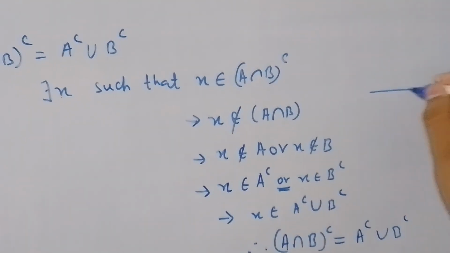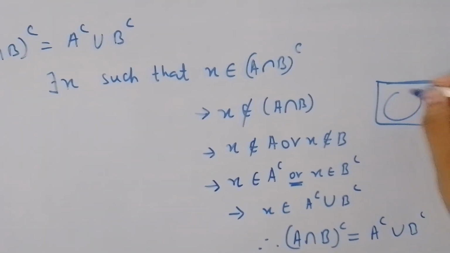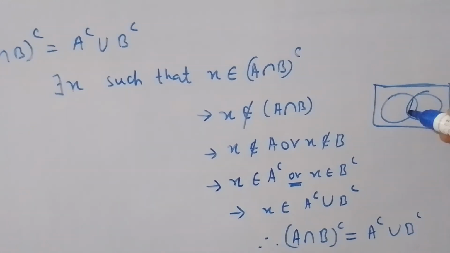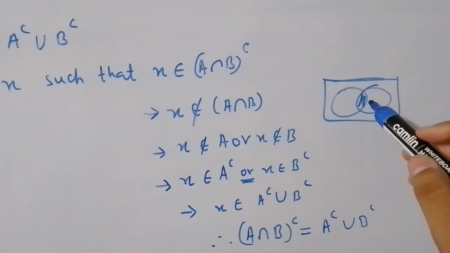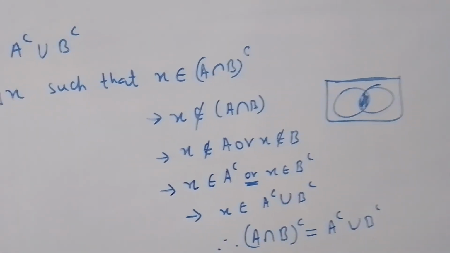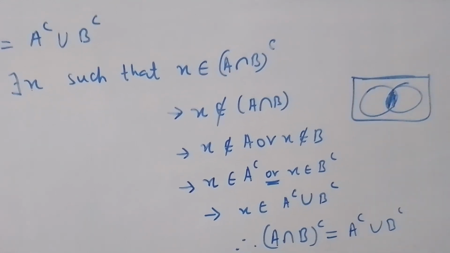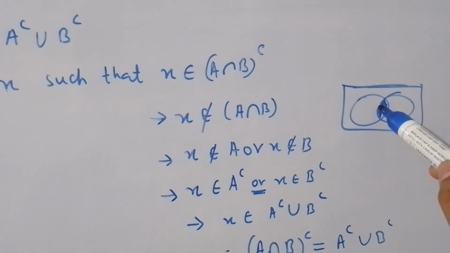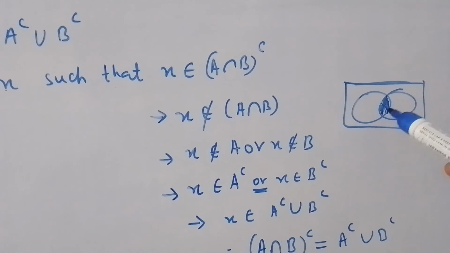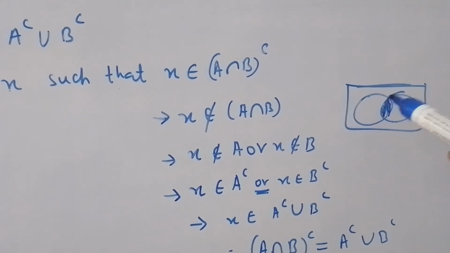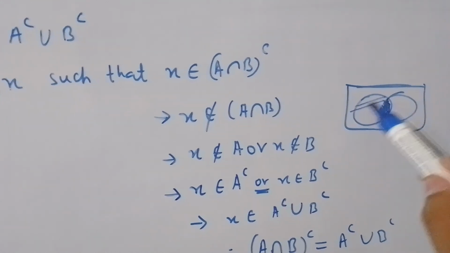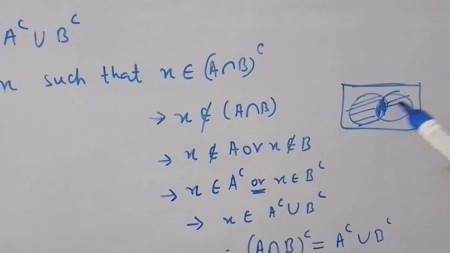So if you look at the Venn diagrams, this is A intersection B right there, and if X doesn't belong to here, it says X can either belong to here or belong to here.